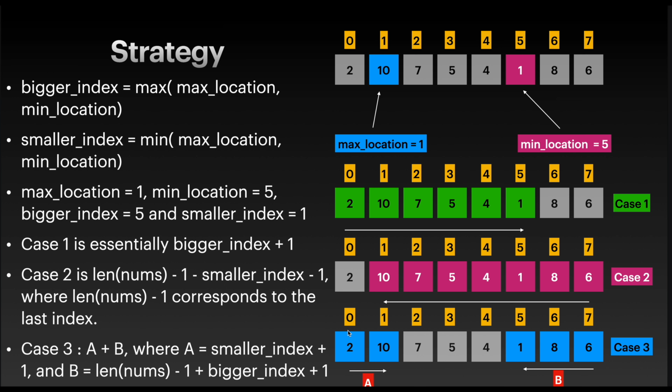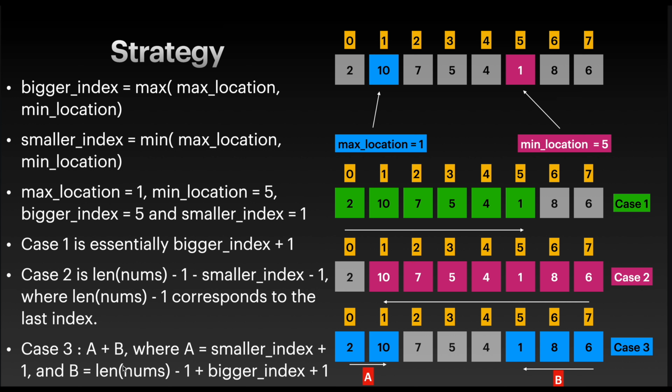For case 3, let me just pull this one up a little bit. We have to find this distance and this distance. Let's say this is A, and the distance for the other is B. For case 3, it is essentially A plus B, where A corresponds to smaller_index plus 1.